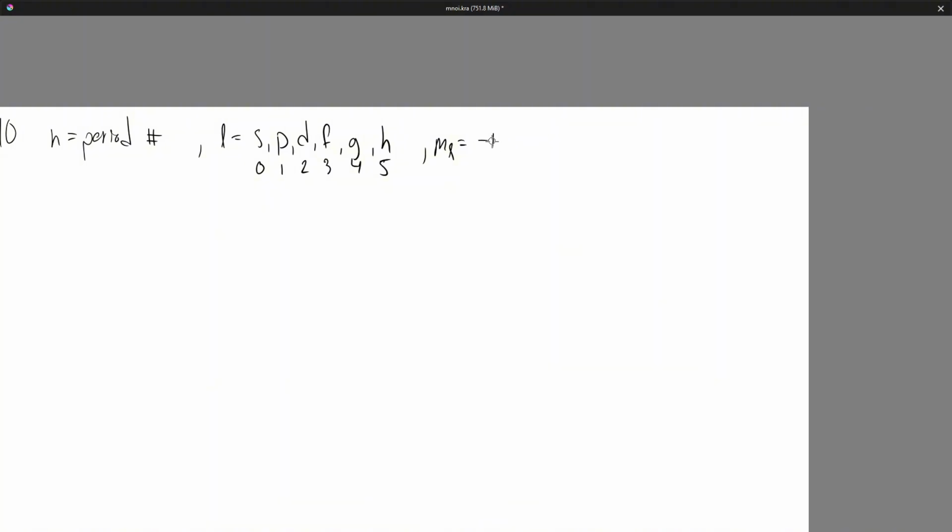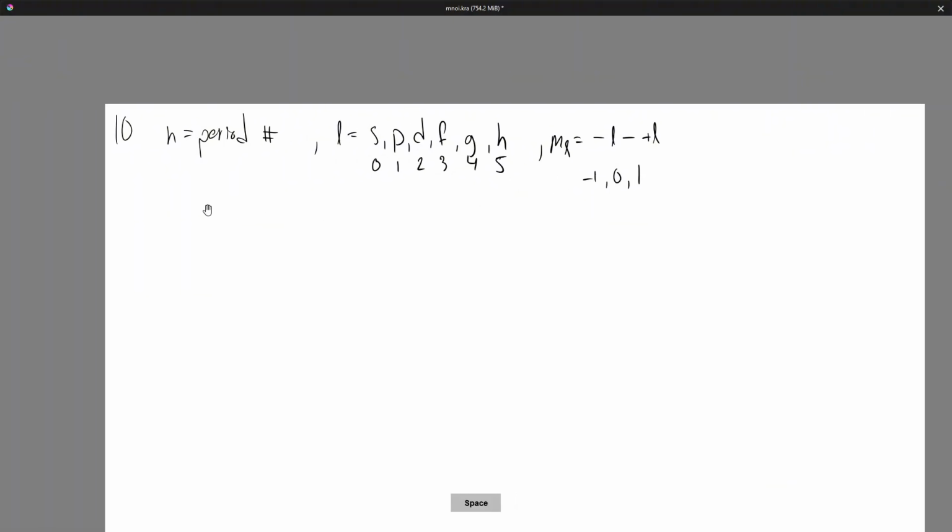So negative up until positive L. Like if your L value is P, which is 1, then your ML values are -1, 0, and +1. So with that being said, let's look at A.